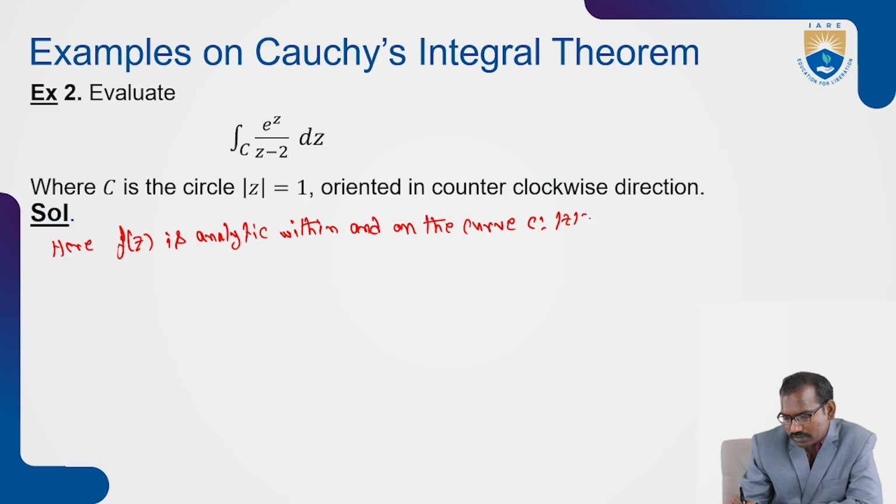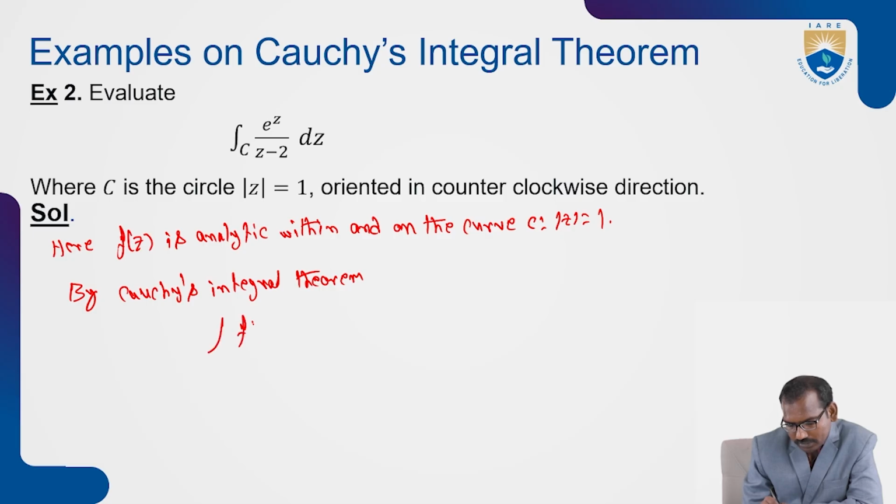The curve C is mod z equal to 1. By Cauchy's integral theorem, the integral of f of z dz over the simple closed curve C is 0.